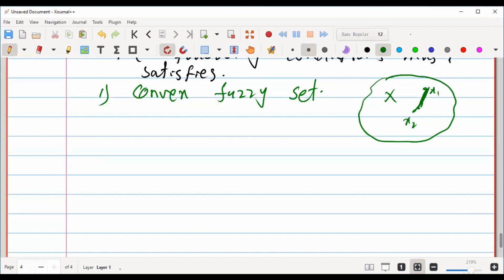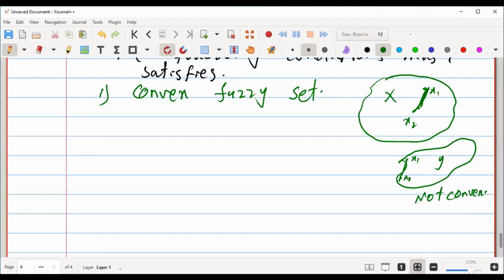The points on the line between x1 and x2 must belong to the space. This is convex space. And I take another space which is y, and I take a point x1, another point x2 in the space, and I take a line between x1 and x2. Some point does not belong to the set. So this is not convex.